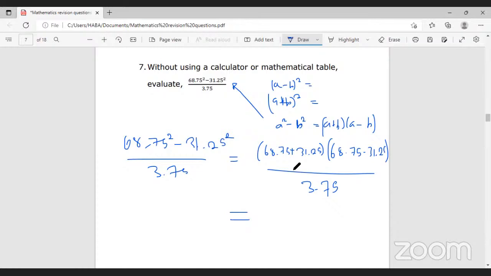What they wanted to see is whether you can apply the difference of two squares. If you apply this method, then it is okay. But if you don't show that you have added and subtracted, then even if you have the right answer, they will not mark you right. Now we can use the calculator to add and subtract.